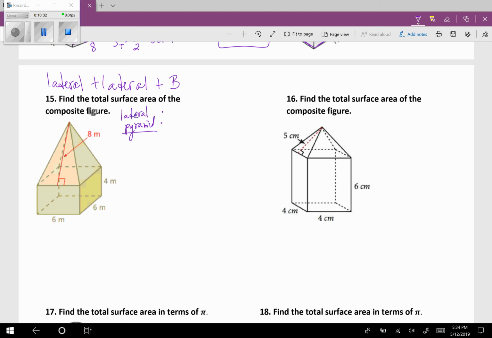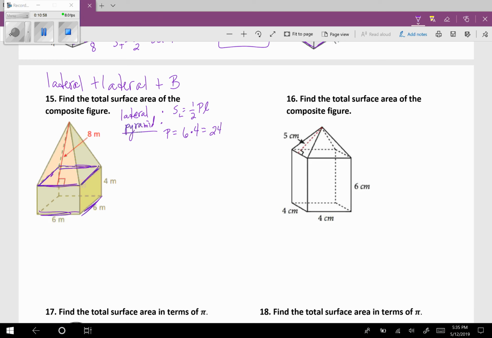Lateral of the pyramid, it's 1/2 P times L. So P, perimeter of that base. It's a square pyramid. We can see it's 6 on each side. So 6 times 4, because there's 4 sides to a square, and they're all 6.